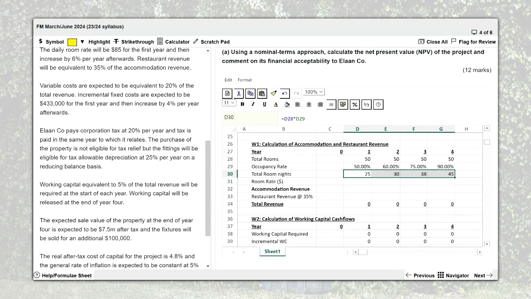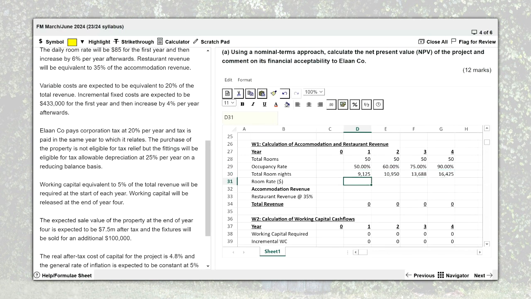What is the mistake that is committed here? They've missed to consider 365 days in a year. So the total room nights are supposed to be 50 into 365 into the occupancy rate. This is supposed to be the total room nights.